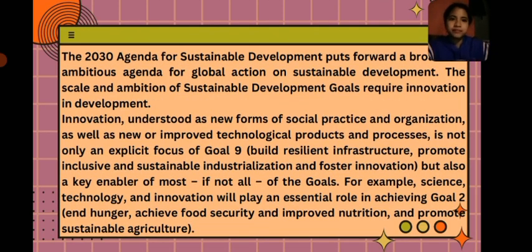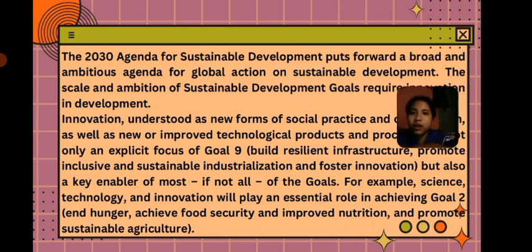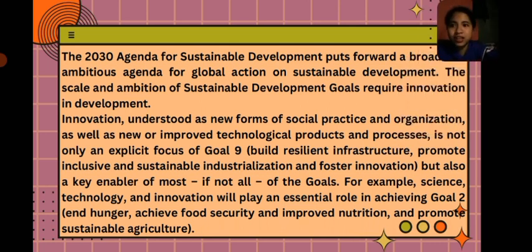So the 2030 Agenda for Sustainable Development puts forward a broad and ambitious agenda for global action on sustainable development. The scale and ambition of the Sustainable Development Goals require innovation in development.